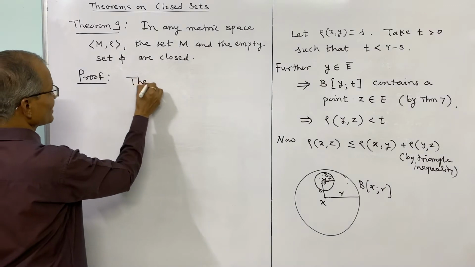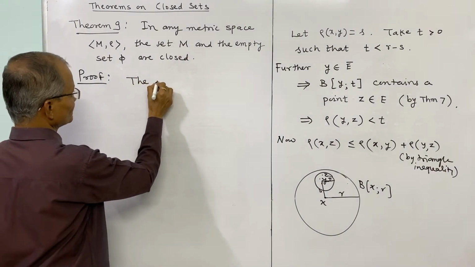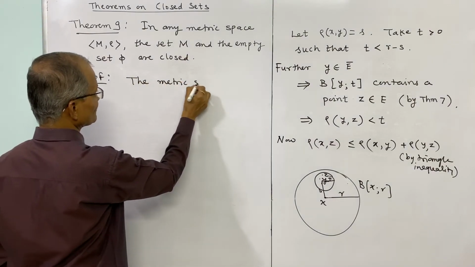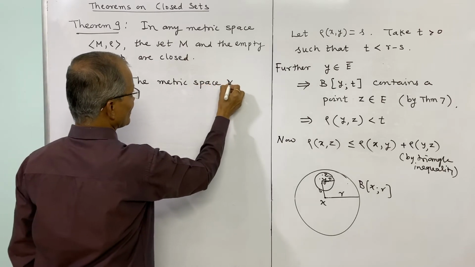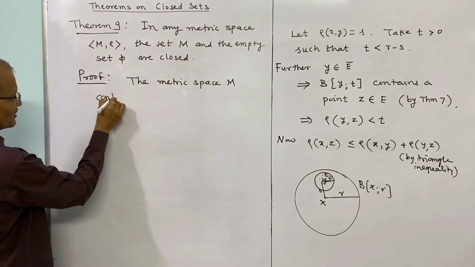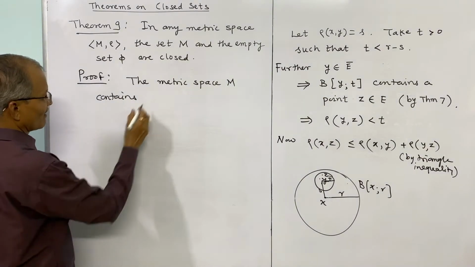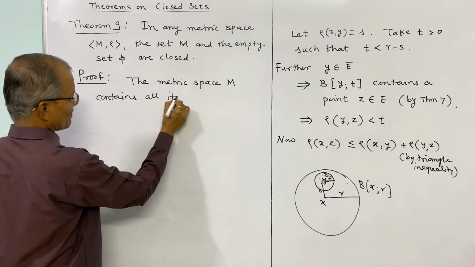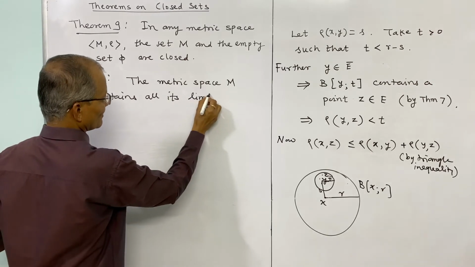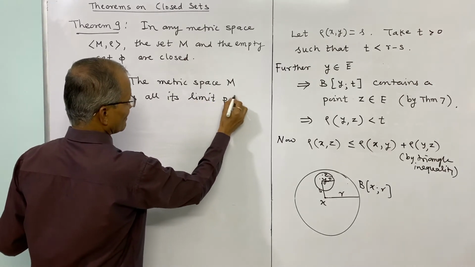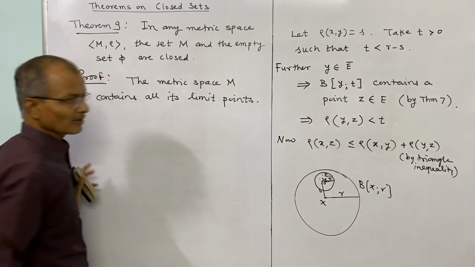The metric space M contains all its limit points, and therefore M is closed.